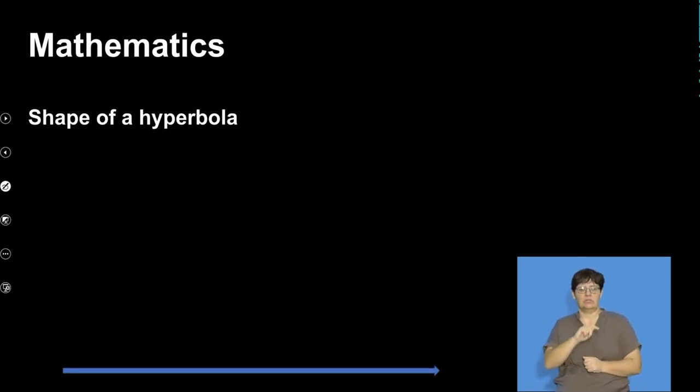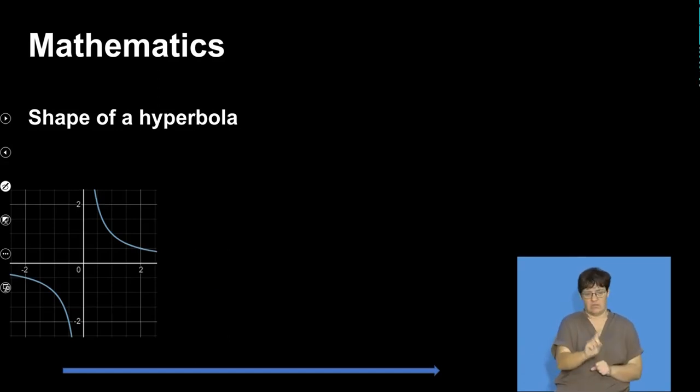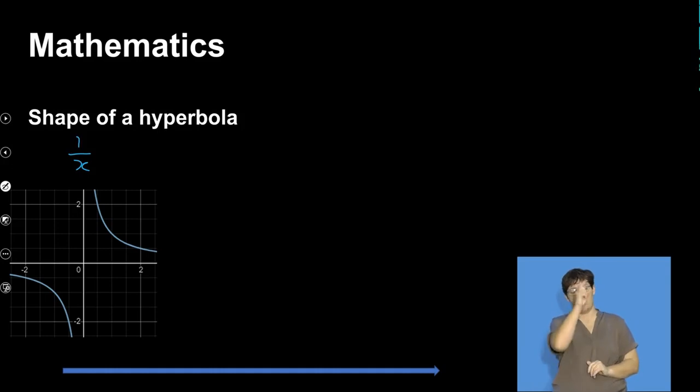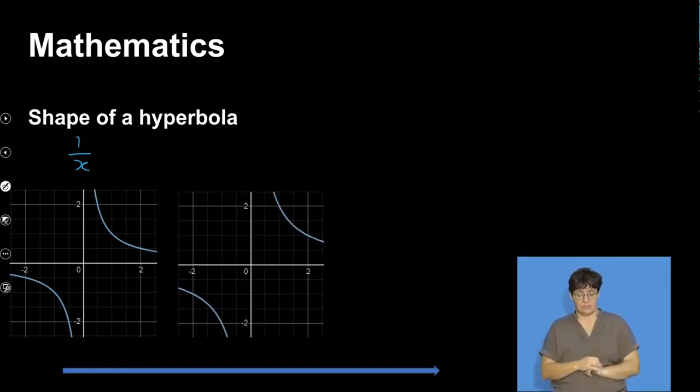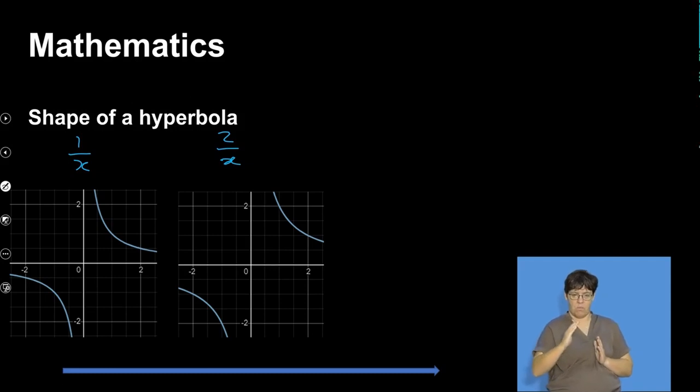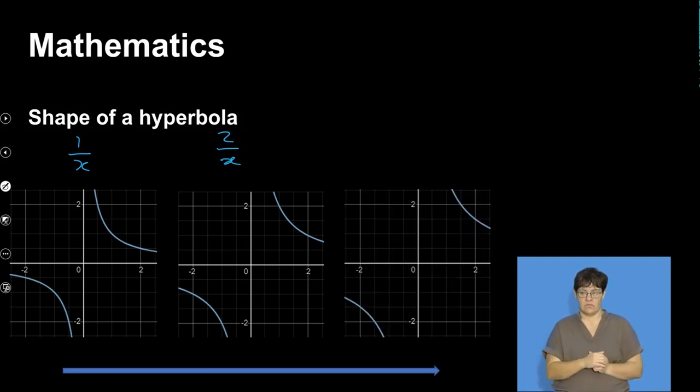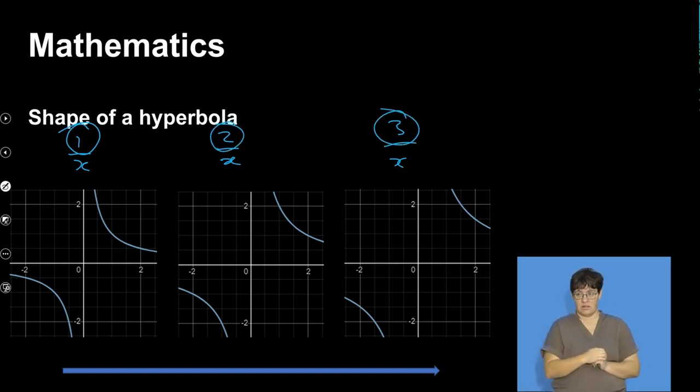Now, to demonstrate this, the first graph is 1 over x. The second graph is 2 over x, so the value of a is increasing as you go from left to right in this demonstration. And the third graph is 3 over x. So you can see my value of a was 1, it became 2, and then it became 3.